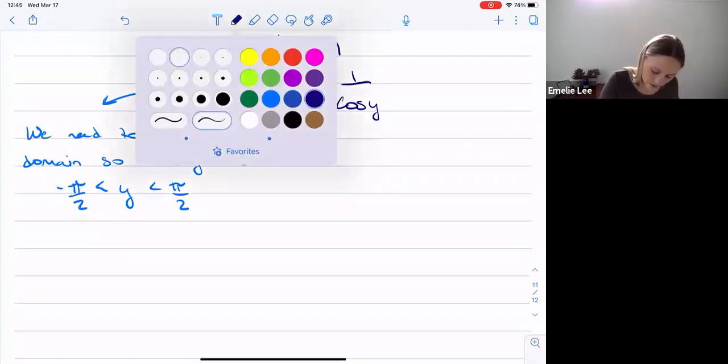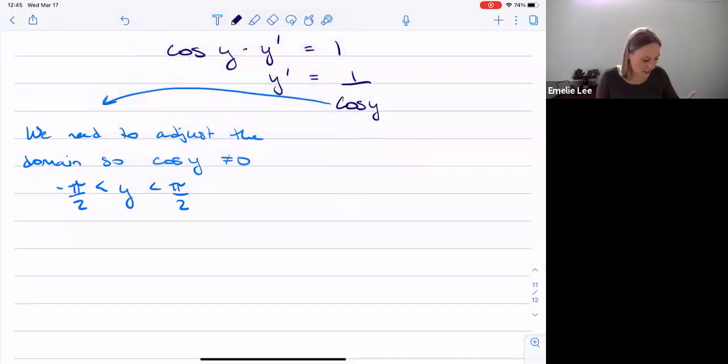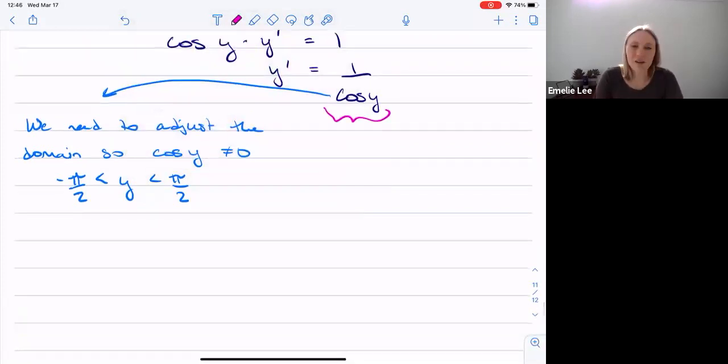Now the key to these identities is to remember that cos squared whatever plus sine squared of whatever we're talking about equals 1. And that's how we're going to get out of this jam of having cos y.